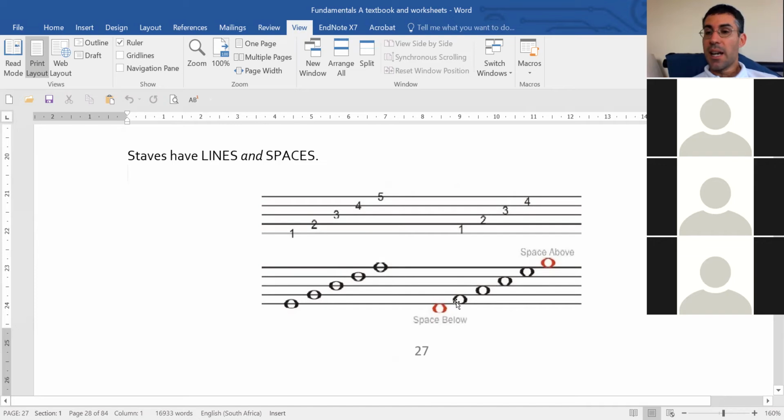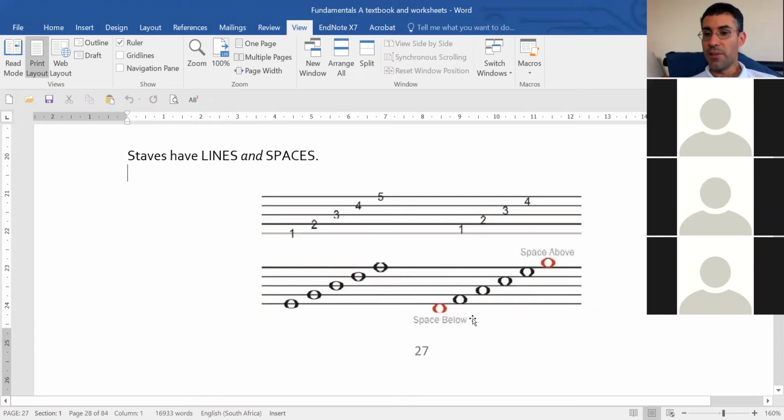And I've told you that there are 4 spaces. They are the spaces in between each of the lines. But in fact, there are 6 spaces because there's a space below the bottom line and there's a space above the top line.